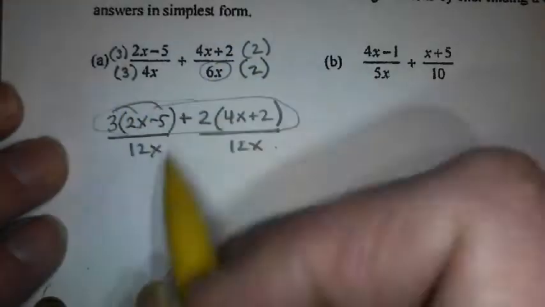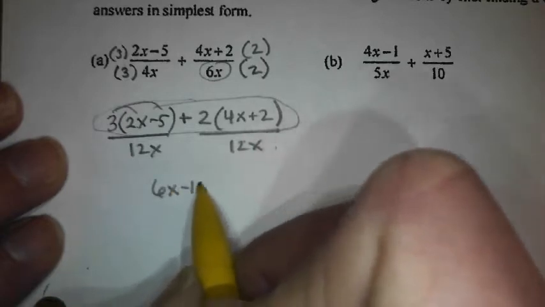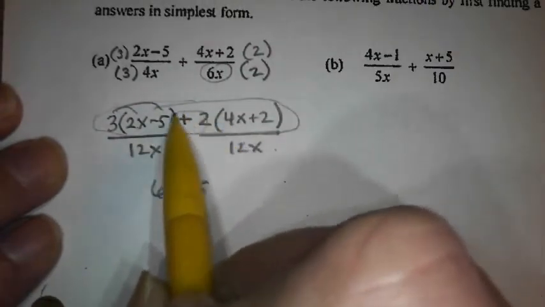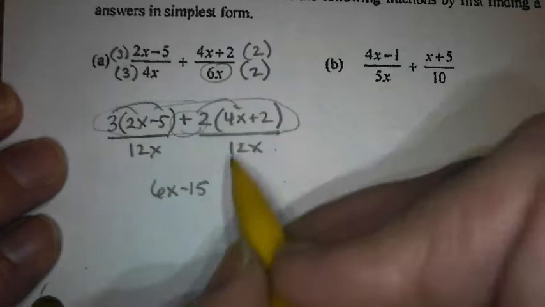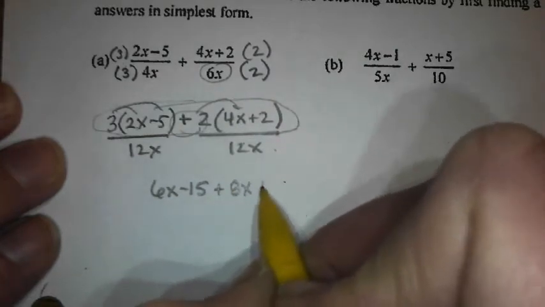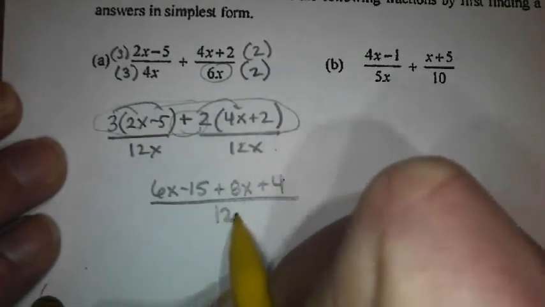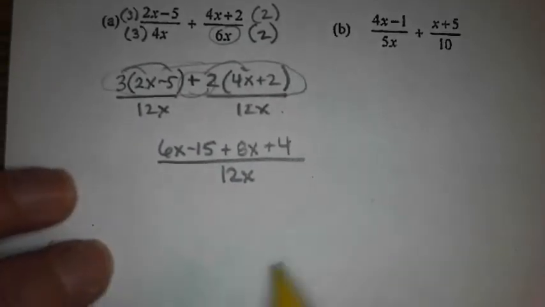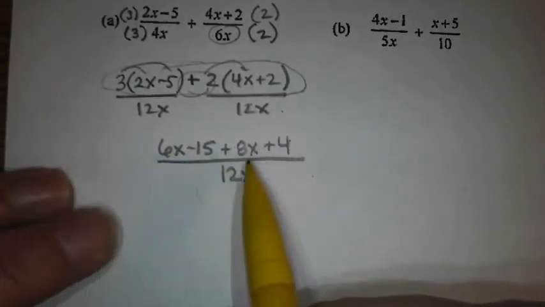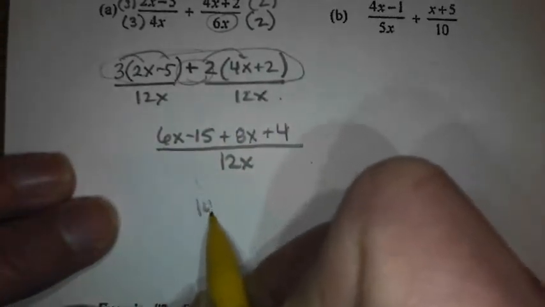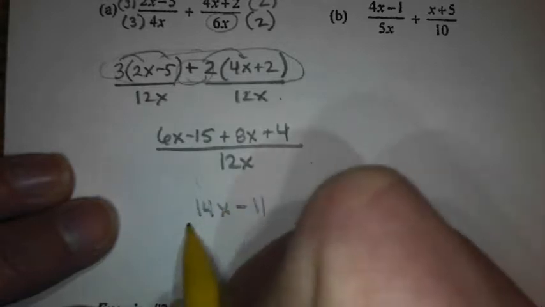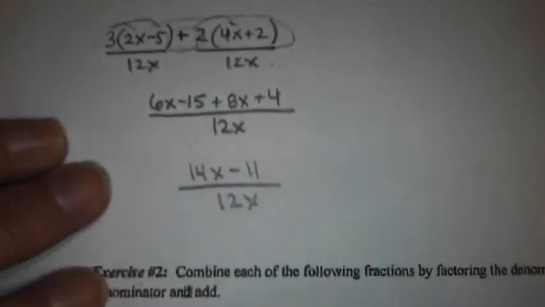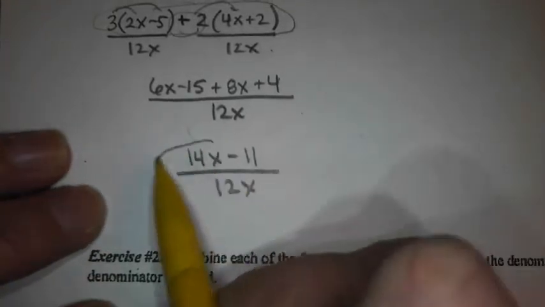So I'm going to get 6x minus 15. And I'm distributing a plus 2, so that's plus 8x plus 4 all over 12x. And then when I add and combine like terms in my numerator, that's a 14x minus 11 all over 12x. And that's your final answer.